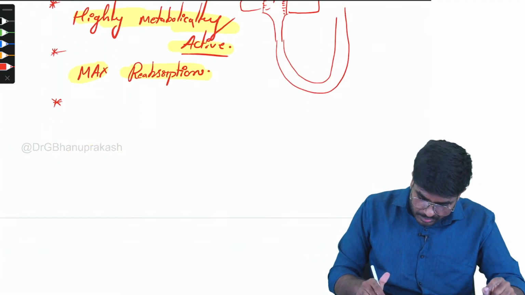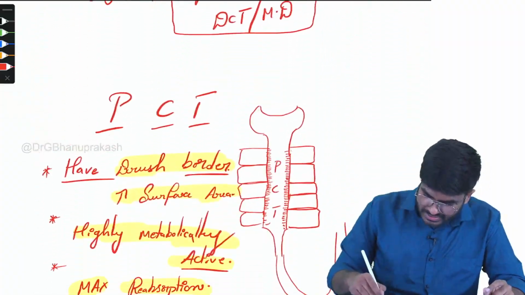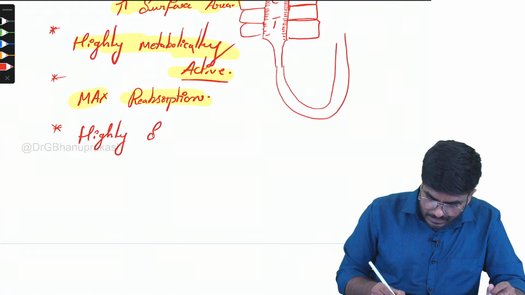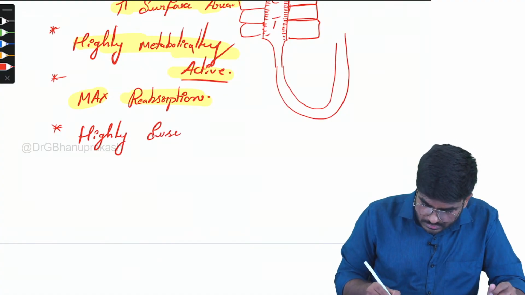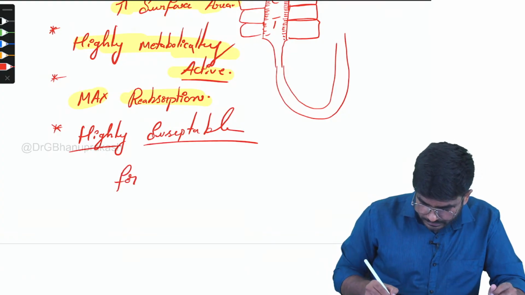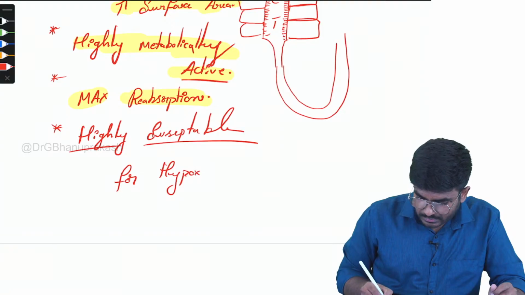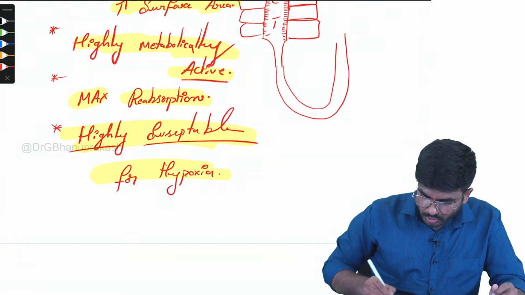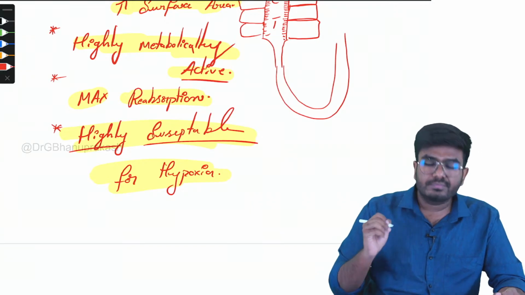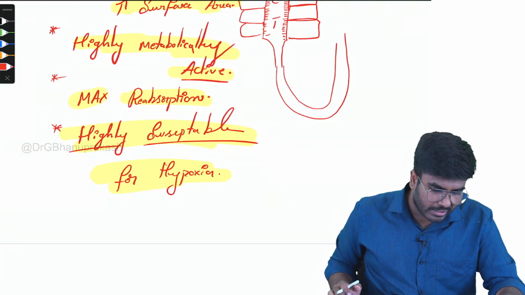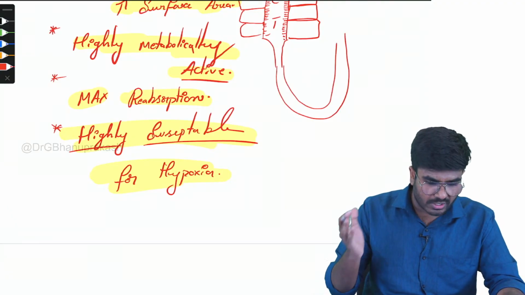So the segment highly susceptible to hypoxia is the PCT. These are very important points which you need to know. Brush border is PCT. Active segment is PCT. Susceptible to hypoxia is PCT.